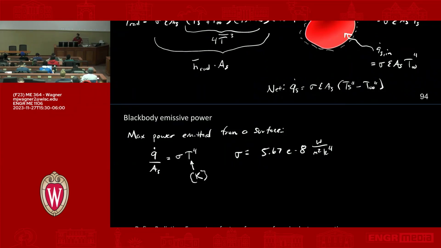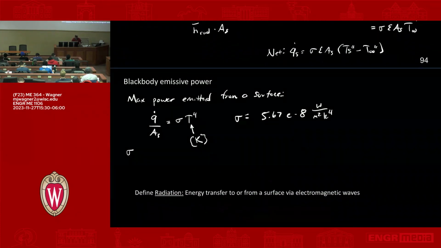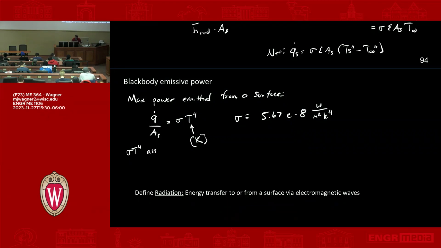Some things that are assumed here. Sigma T to the fourth assumes that we're accounting for emitted power over all wavelengths.